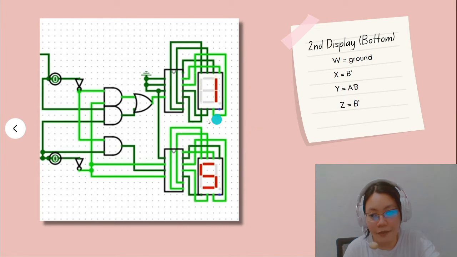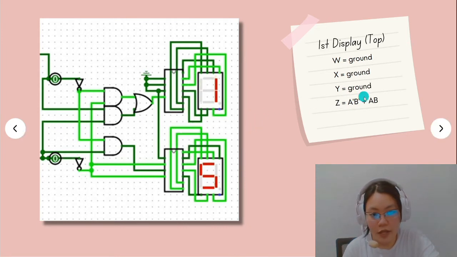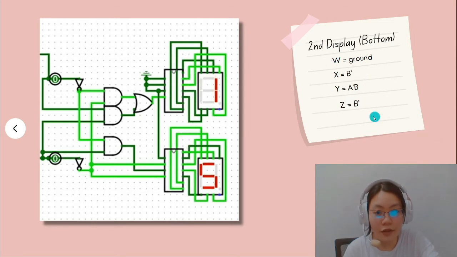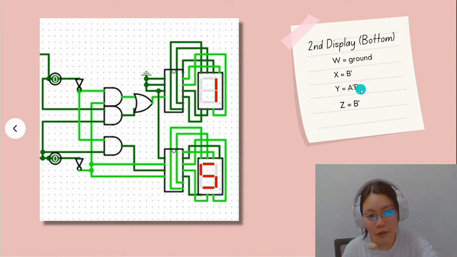I would just like to note that A represents the first bit and B represents the second bit, because we need to change the literal names so that we won't confuse them with the 4 input literals in our decoder. For the Y, we have A prime B over here.